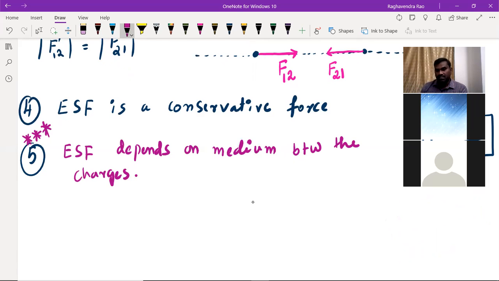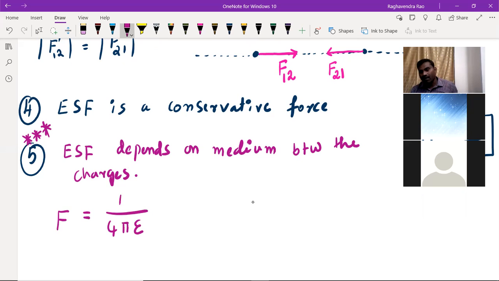How can we represent this? If epsilon naught is the permittivity of vacuum, and we place these charges in any medium of permittivity epsilon, then the force is 1 by 4 pi epsilon, Q1 Q2 by r square.